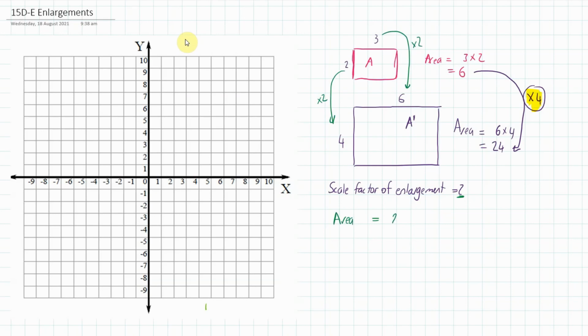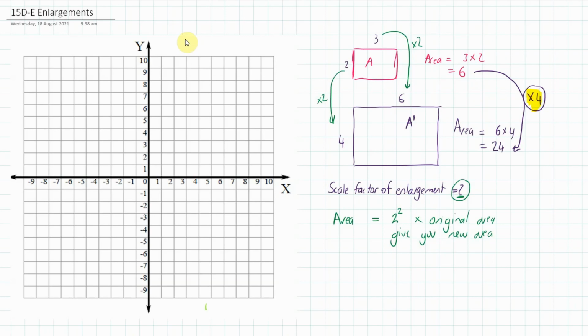So in this case, it's going to be 2 squared times the original area, which will give you the new area. Okay, so that's the general idea. If the scale factor of enlargement is 2, then the scale of the area will be 2 squared.